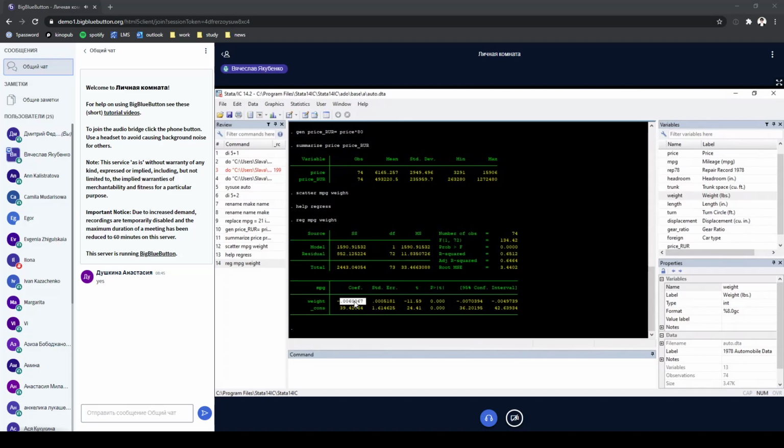First thing we are interested in is the standard error. Standard error tells you how precise we are when we measure this coefficient. So basically, you remember the regression equation was MPG equal to beta 0, this is the constant, plus x, which is weight here, times beta 1.